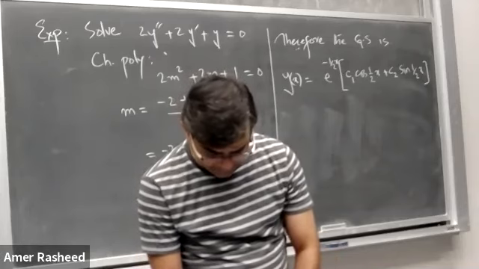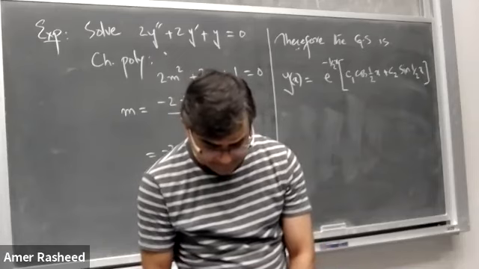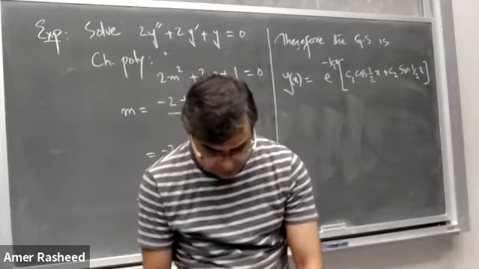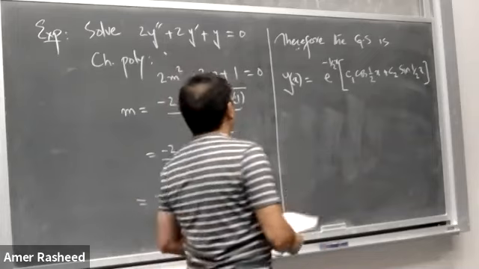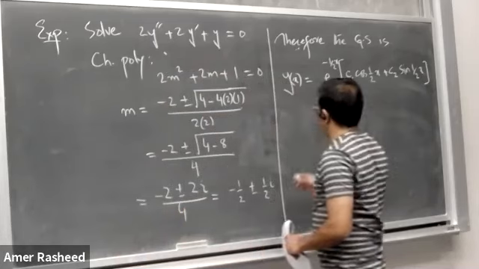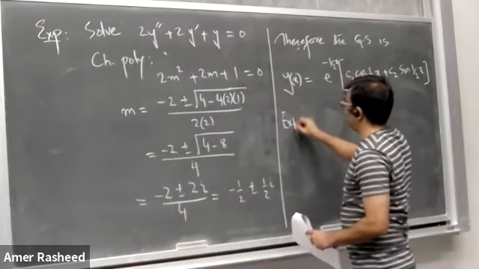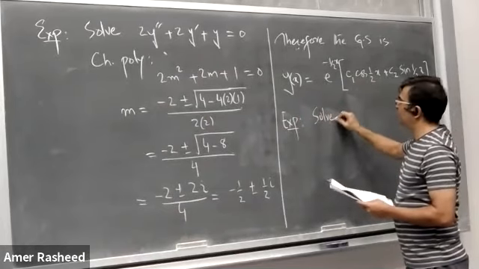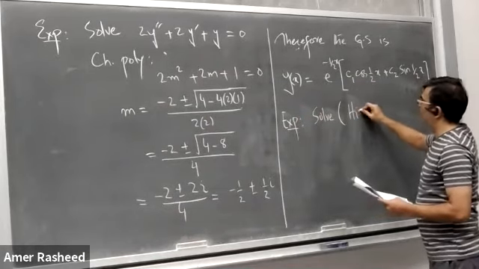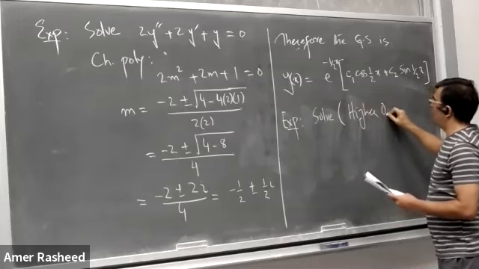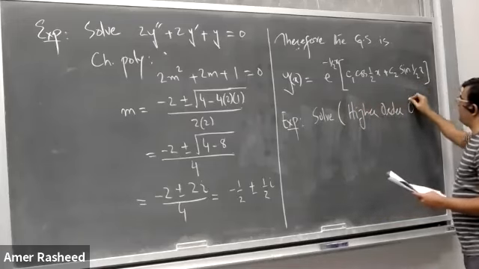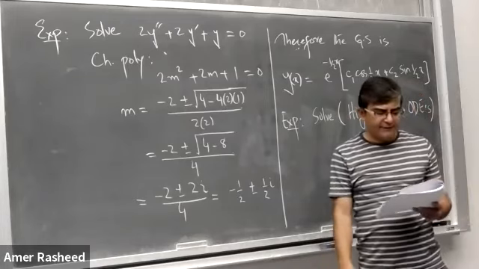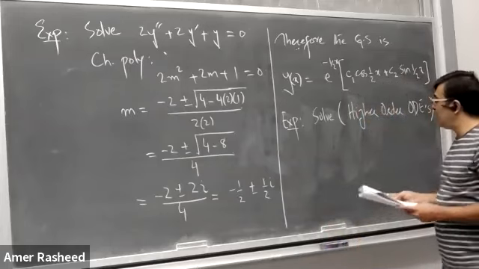Now, further, for the higher order differential equations, if we have complex conjugate roots, another example of this is we need to solve higher order ODEs, which must be linear, homogeneous with constant coefficients.